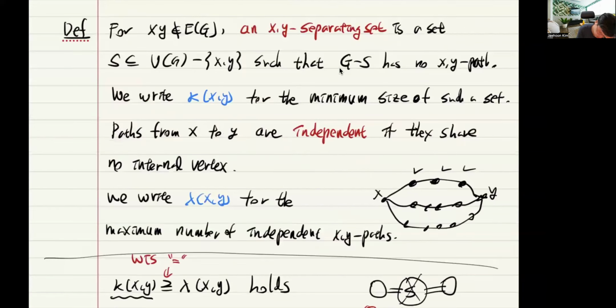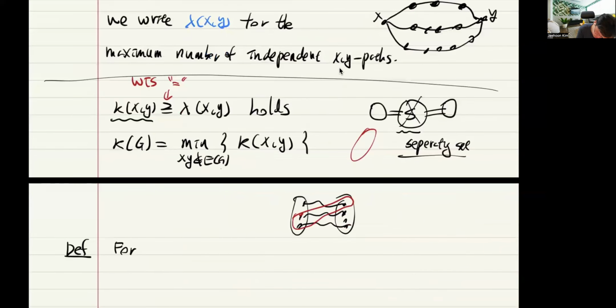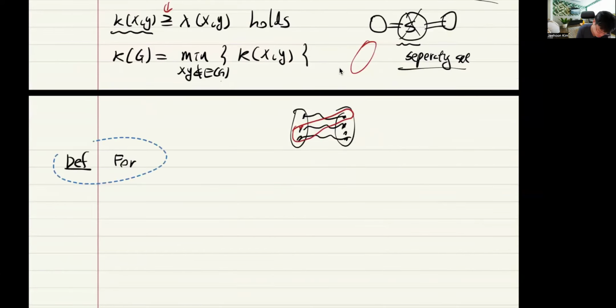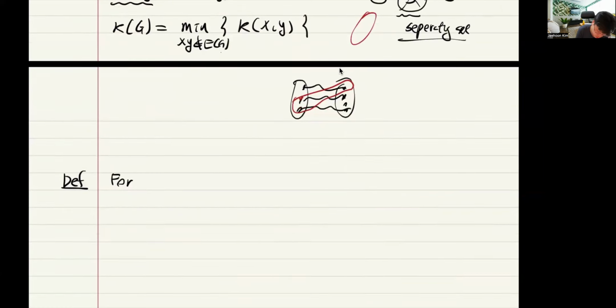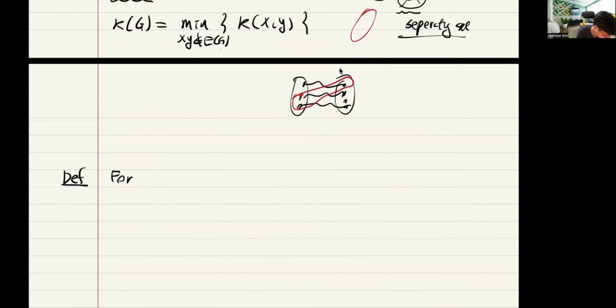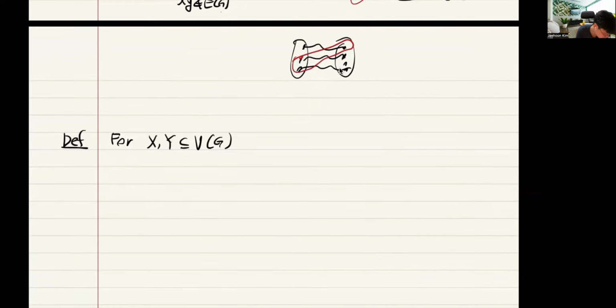And this separating set we also upgraded so that it could be any set, even containing these vertices that we wanted to connect is allowed. By considering this concept, it will be more convenient to prove what we want. Then it will be more general.